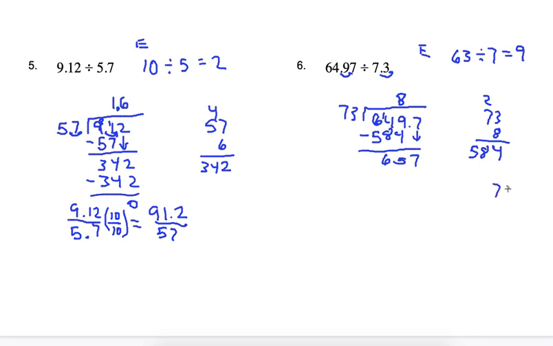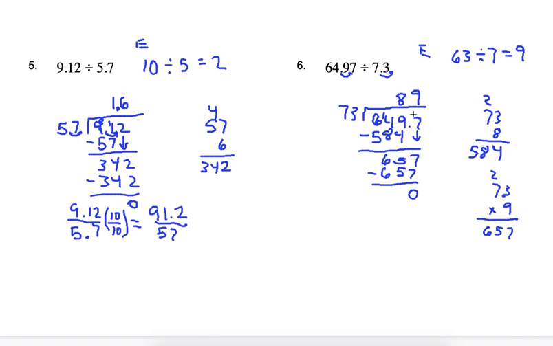So 73 times 9 is, that's going to end with a 7, carry my 2. 9 times 7 is 63, plus 2 would be 65. Yep. Okay, so put a 9 in there. That'd be 657. Subtract that down. We end up with 0.